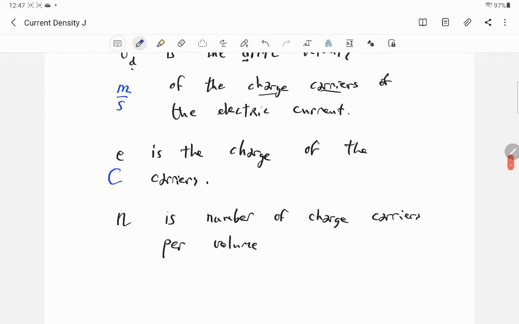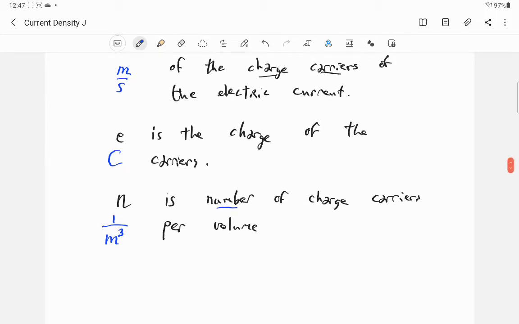And then the units of something like this, the number of charge carriers per volume. So whenever you say the number, that strictly is purely a number with no units. But then there is the per volume. So what N is going to be units of 1 over meter cubed.